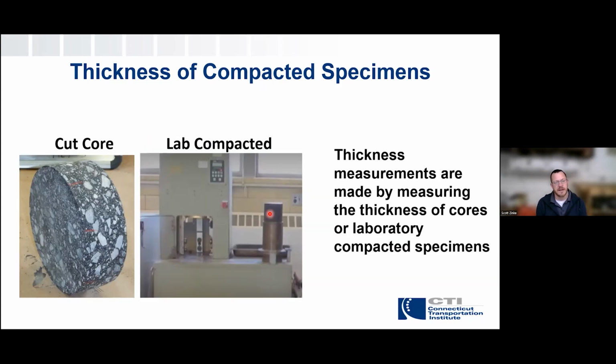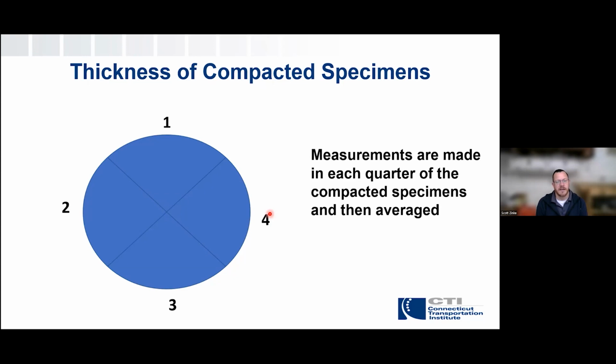And the way that this is done, typically and most commonly, is we divide these compacted specimens into quarters. In each quarter, we're going to make a thickness measurement. At the end of it, we have those 4 thickness measurements, and we simply average them together, and we come up with an average specimen thickness.